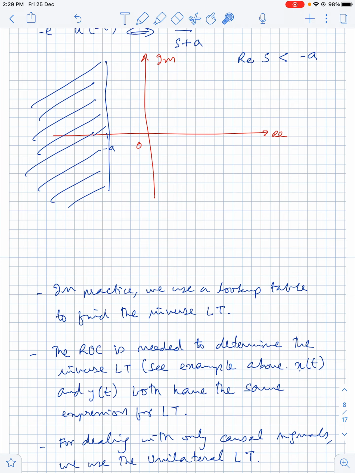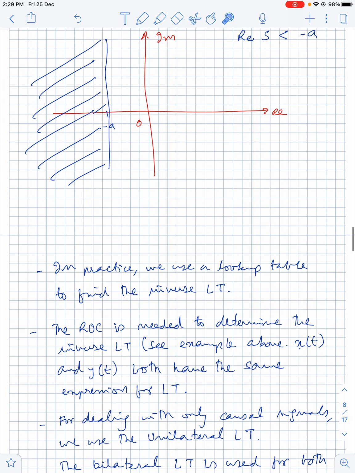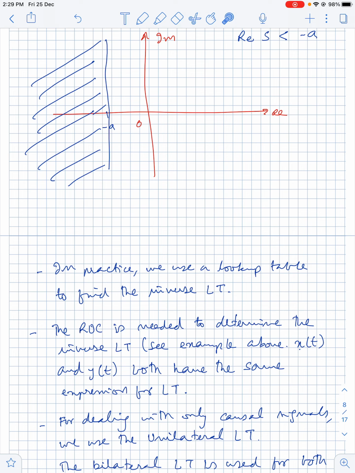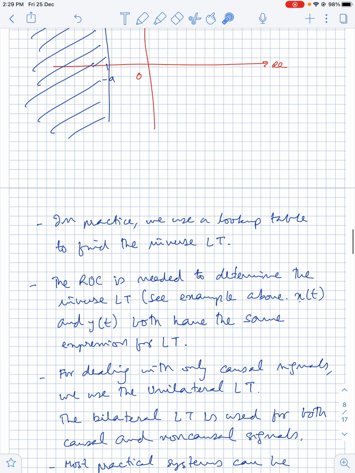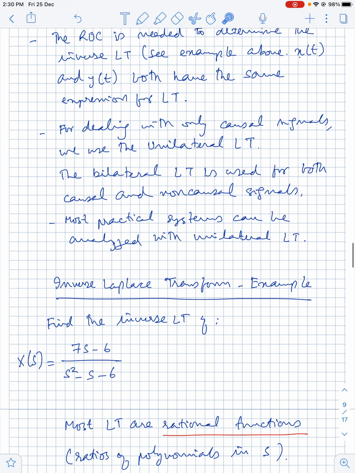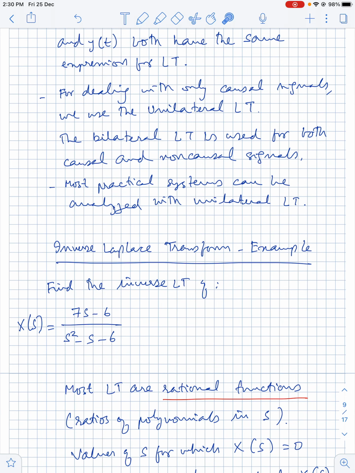So in practice, to compute the inverse Laplace transform, we generally reduce it to one standard form, and we use a lookup table to determine for this expression of the Laplace transform what the corresponding signal is.